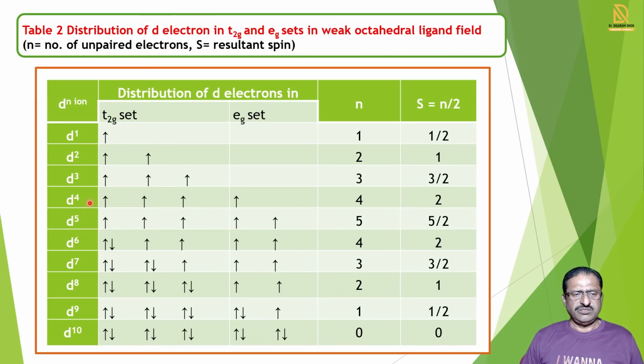In d4 in weak field complexes, the delta O difference is less. So three electrons are filled in T2g and one in Eg, so the total number of unpaired electrons is 4. In d5, three electrons are filled in T2g and the remaining 2 in Eg, so the total unpaired electrons is 5.